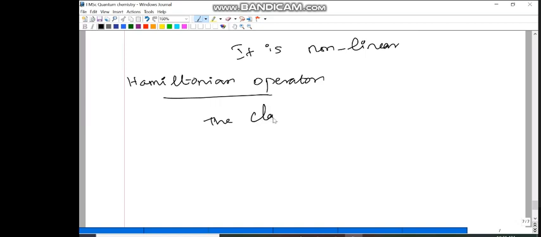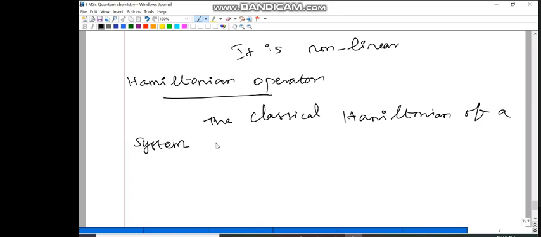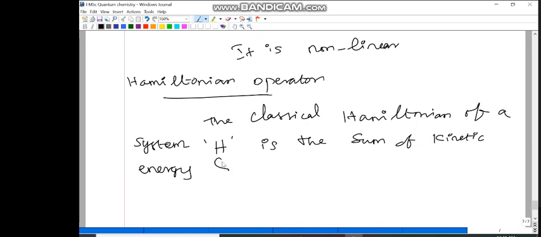The classical Hamiltonian of a system H. Actually, we are telling H is the sum of kinetic energy and potential energy. So this is a fundamental one, right? Total energy.